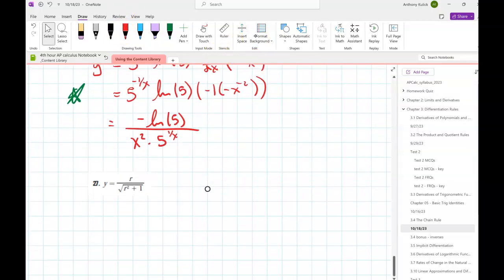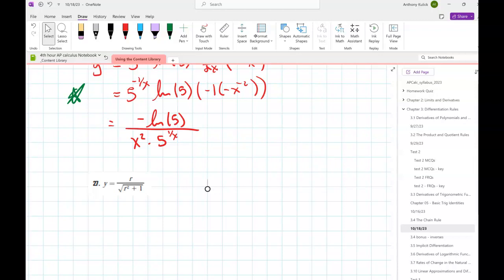So when we look at this one, what does it appear we should do first? I see a quotient rule, right? Because there's not one outer function. Now, if you were really clever, you could probably work this down into a single chain rule.